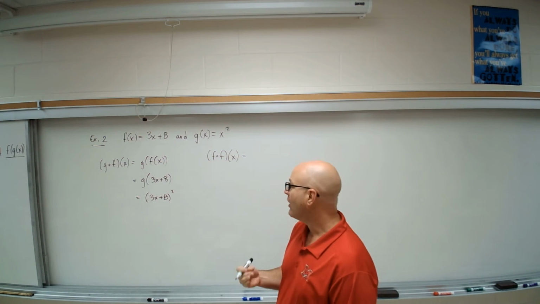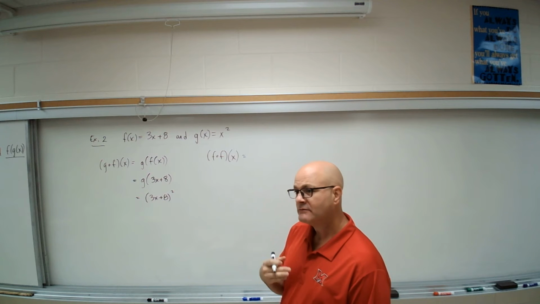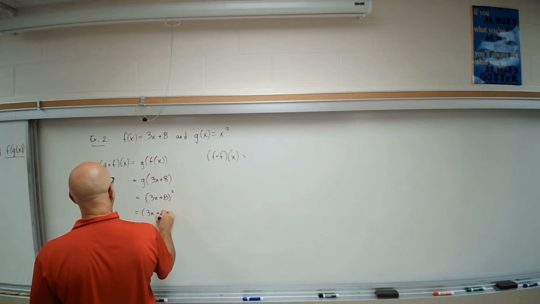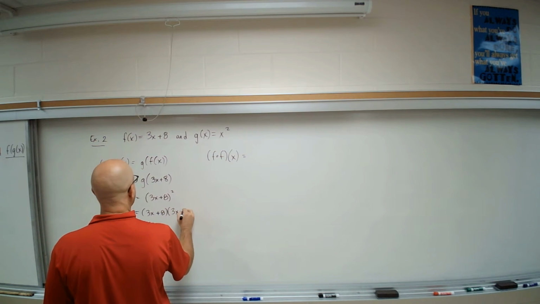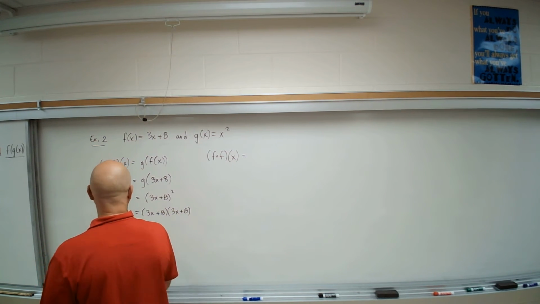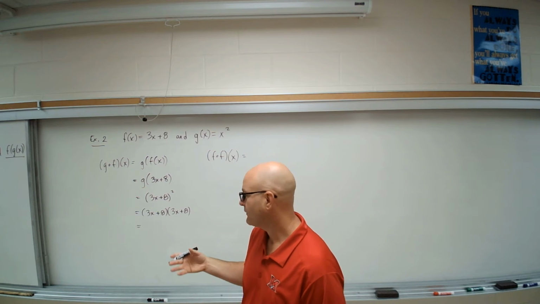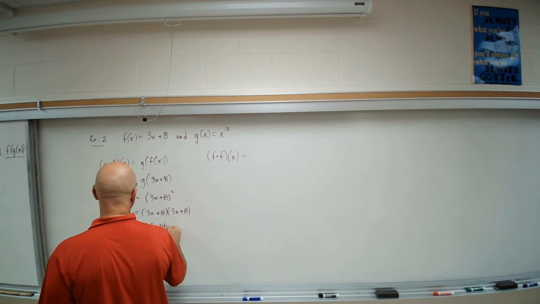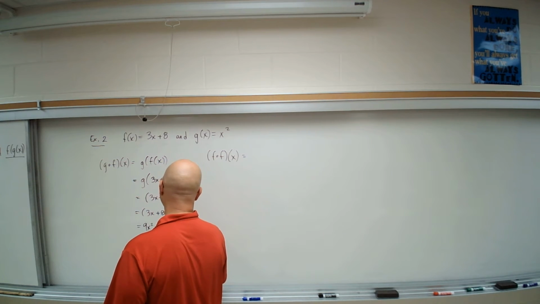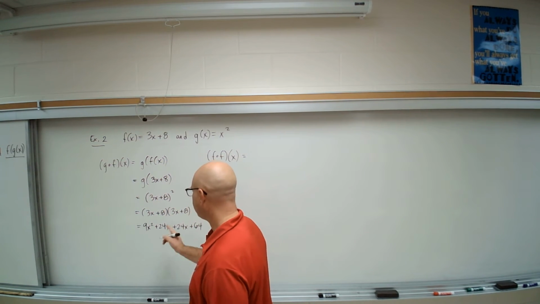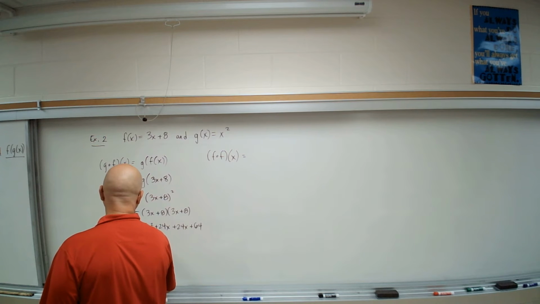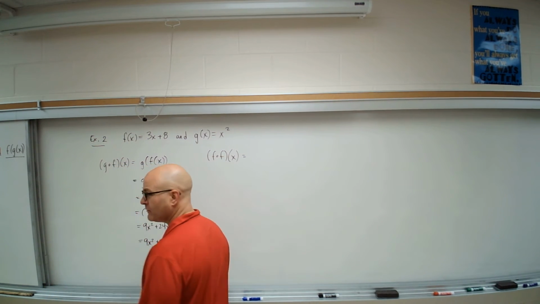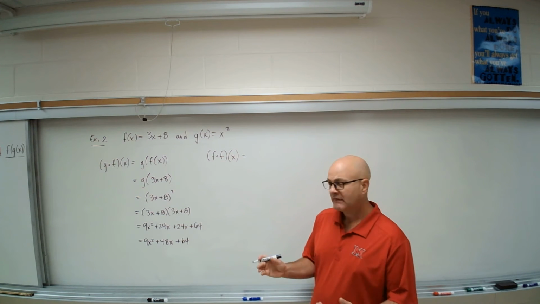If you don't know your binomial squared pattern, which probably some of us don't, then you need to write 3x plus 8, 3x plus 8, and then multiply that out. Right? So to do that, 9x squared plus 24x plus 24x plus 64, and that would give us 9x squared plus 48x plus 64. Okay.